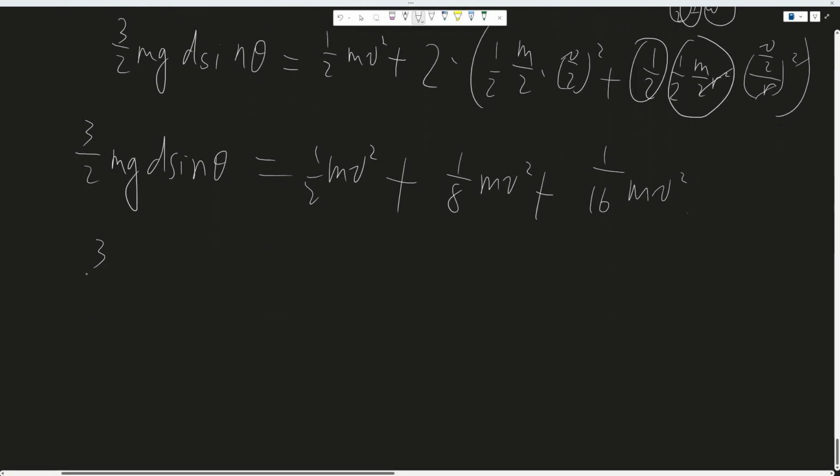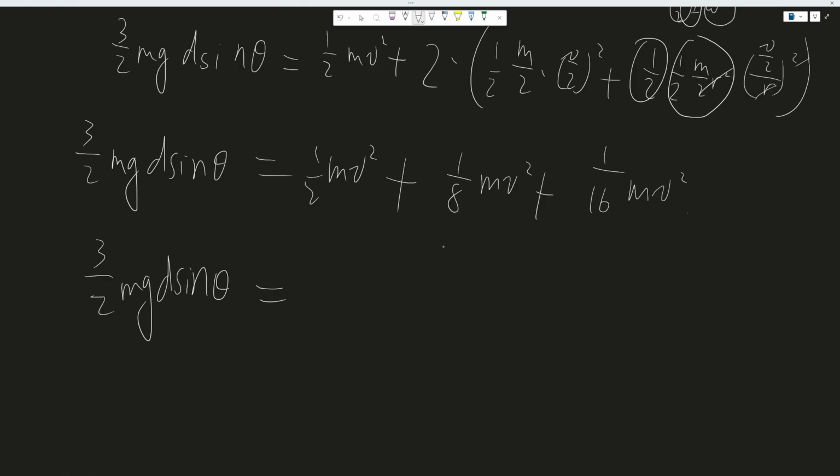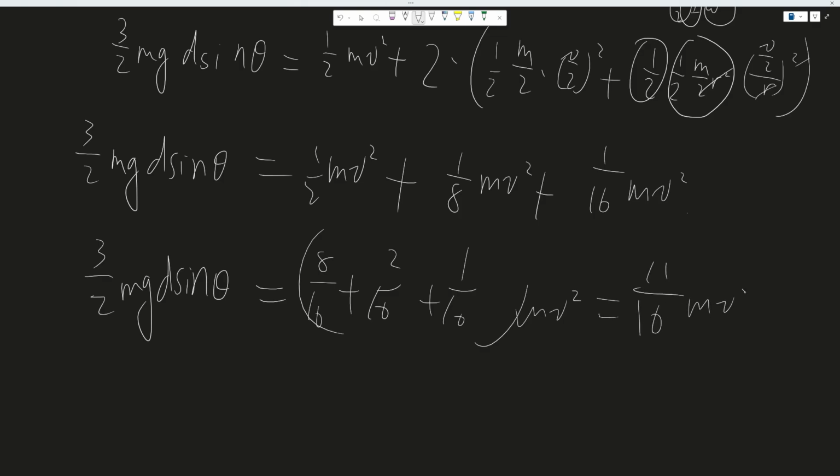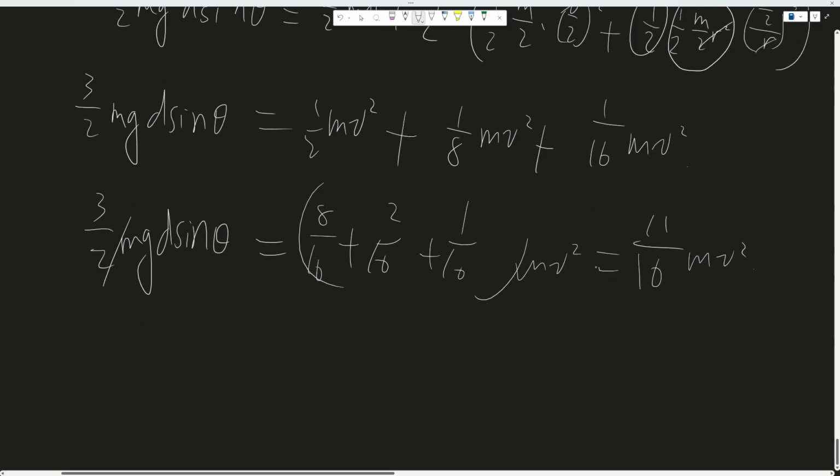And so now we have 3/2 mg d sine theta equals, if we add these together, we get 16/8 plus 16/2 plus 16/1 mv squared, which is 11/16 mv squared. And so now we can cancel out the m.